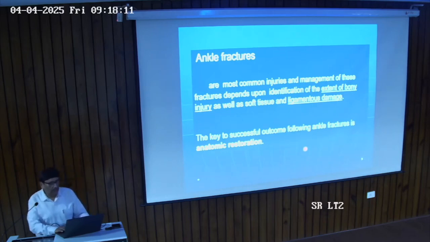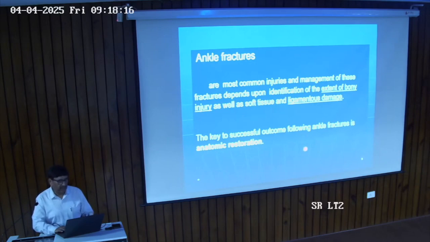And the key to the successful outcome of these ankle injuries is anatomic restoration of the bony fractures, fixation.